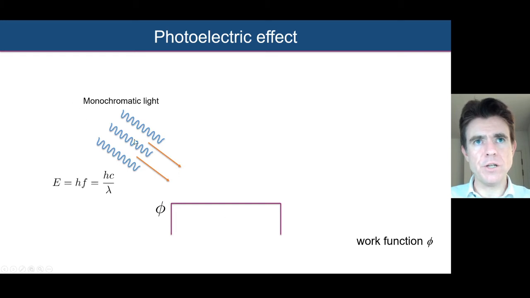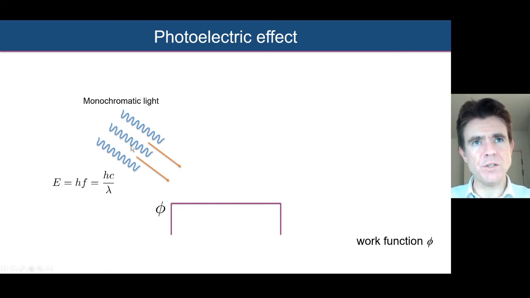Then we're shining light onto this surface, and using Einstein's expression, we're saying the energy of each photon of light, I'm showing them here as waves, but now we're kind of saying they're particles, and we'll get into wave-particle duality in another video, but just staying with this for the moment.